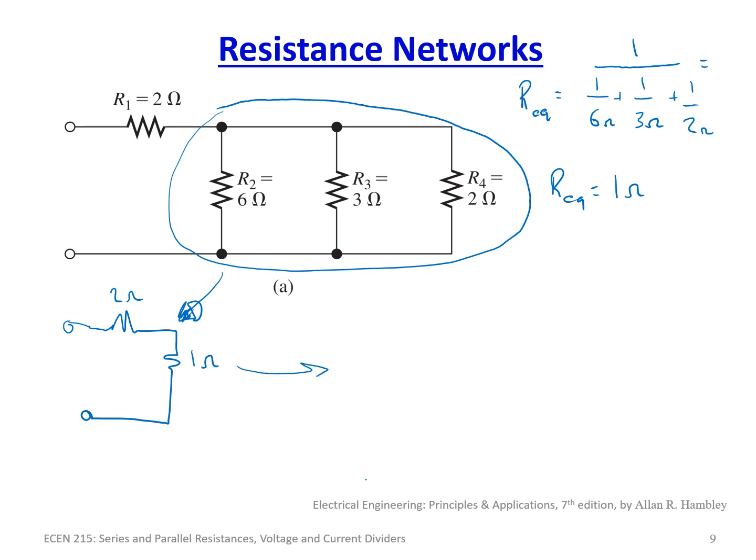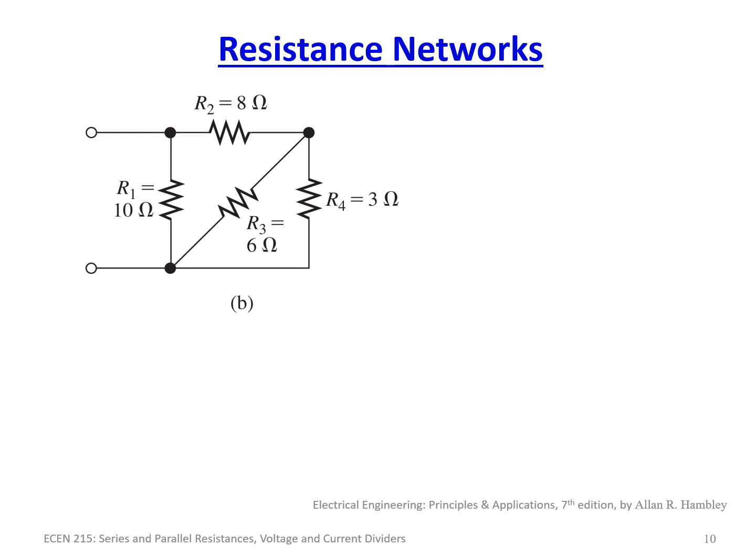So we're going to come over here, and we can redraw this as just one resistor, REQ, equal to 3 ohms, which is the 2 ohm plus the 1 ohm. So now we have another circuit.